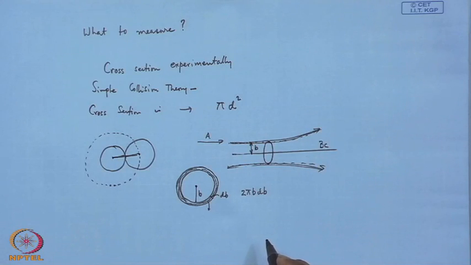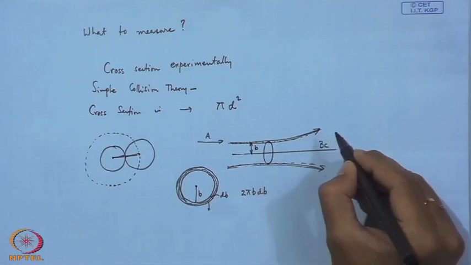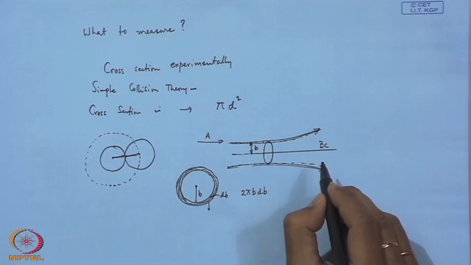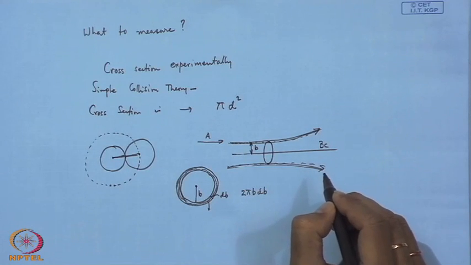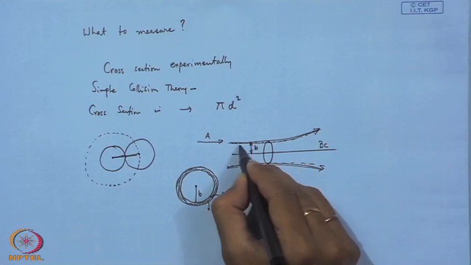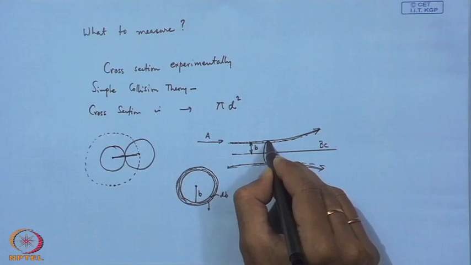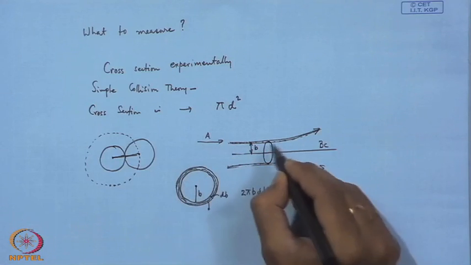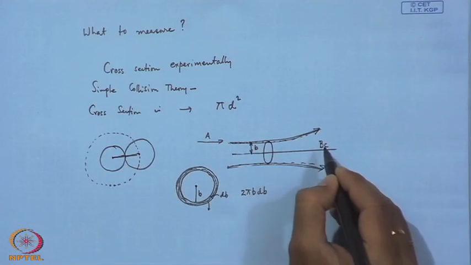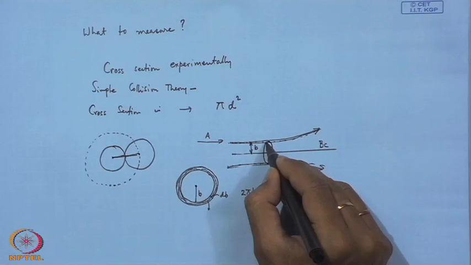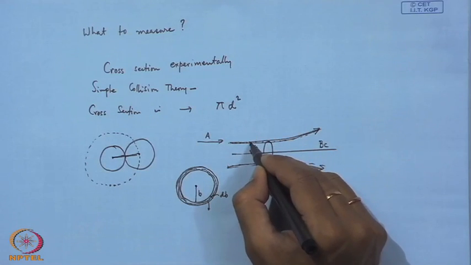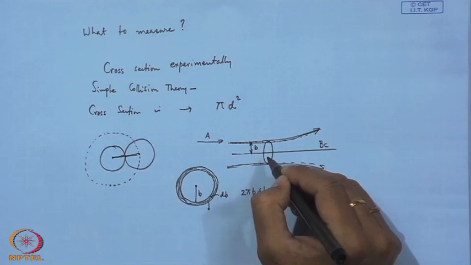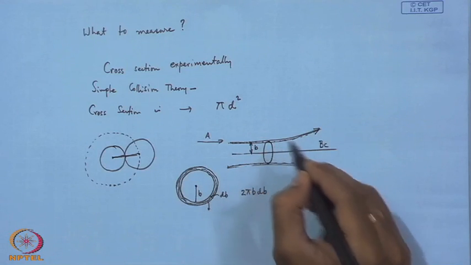Now, if we think in terms of simple collision theory, b can be regarded as the closest approach, I mean the closest that a reactant can approach this BC. It can be maybe more than that, but that is the closest approach, because that will give some effective collision.